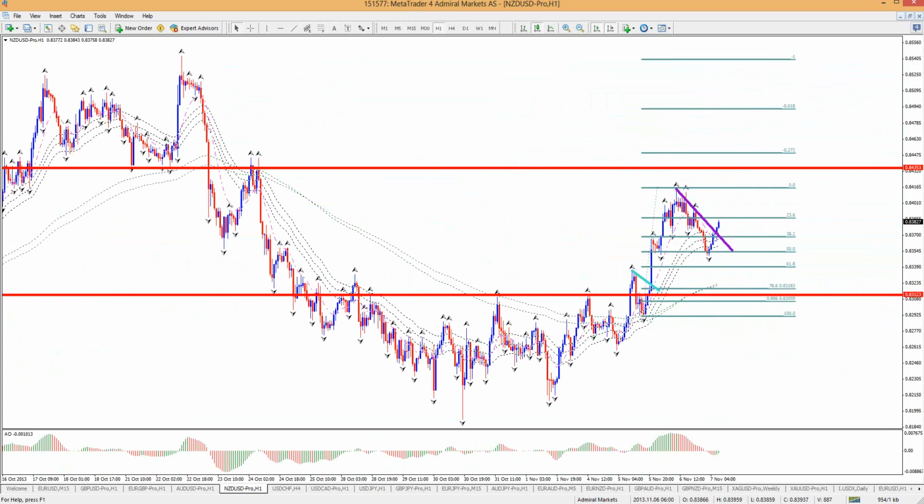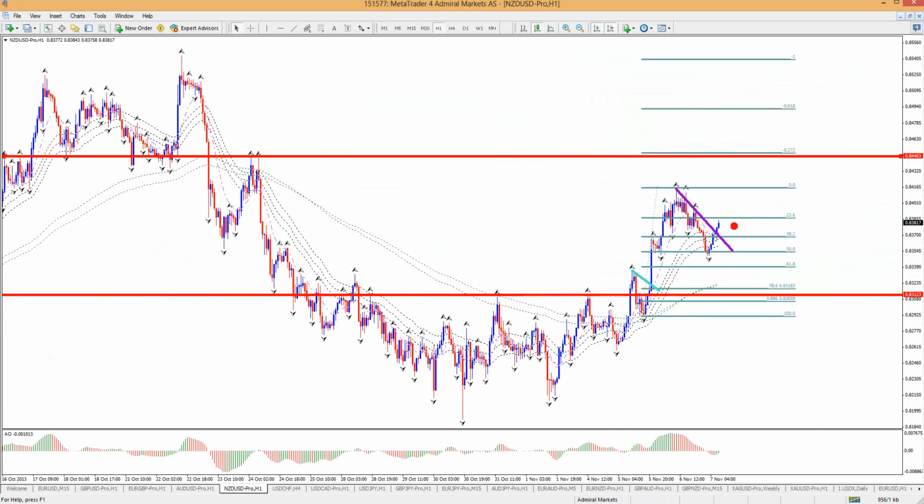If you put a fib on the first up move here, or this last up move, sorry, then we've bounced up to 50 in fact. So there could be some upside momentum up to here. So any dips could be good buys.